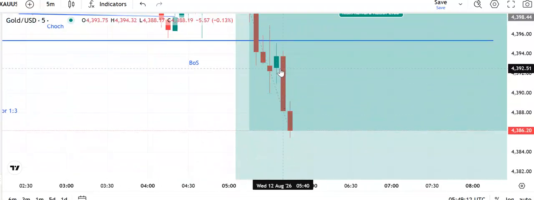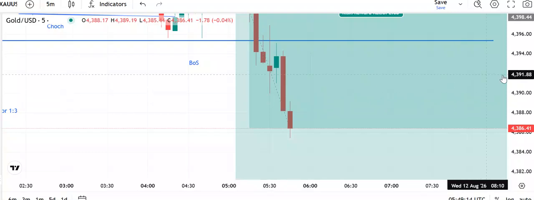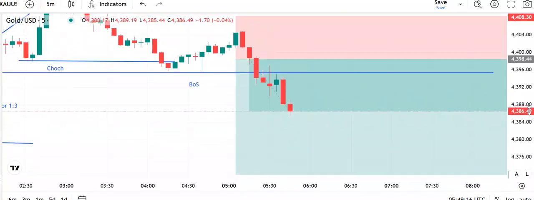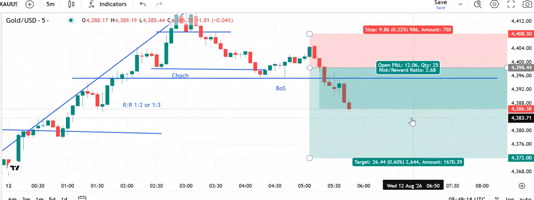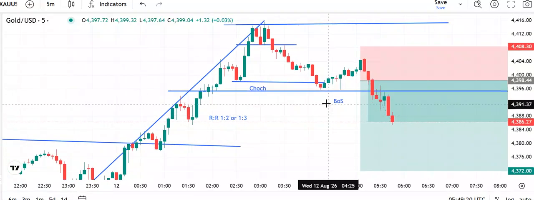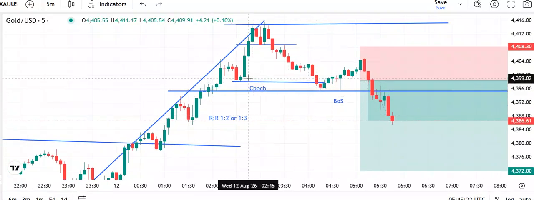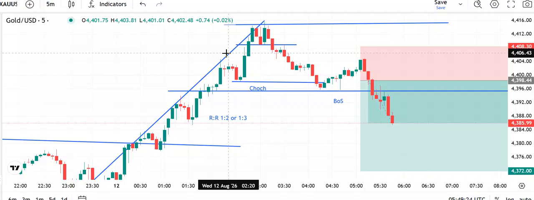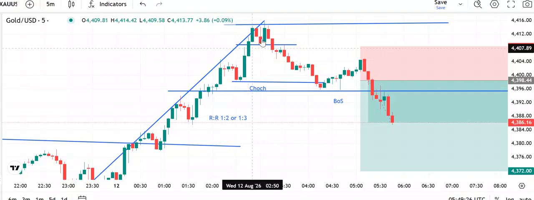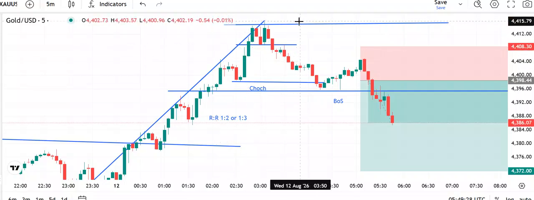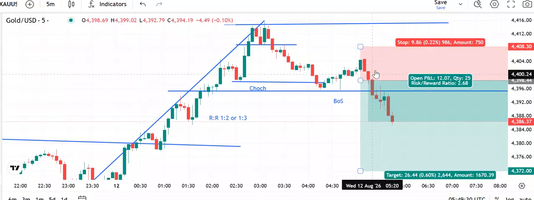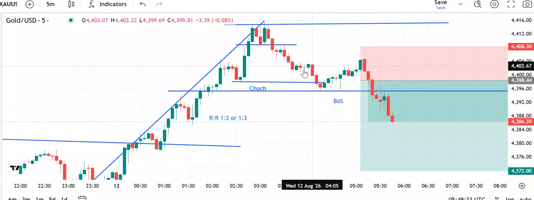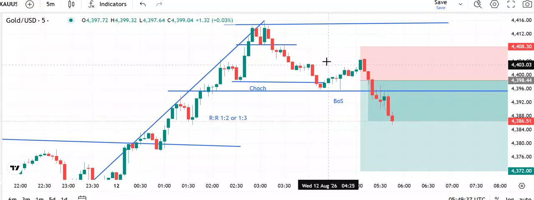The price continues to drop. So identifying the swing helps you to mark the higher high, higher low, lower high, lower low, the pullback, the extension, the bullish run, the break of structure, change of character.